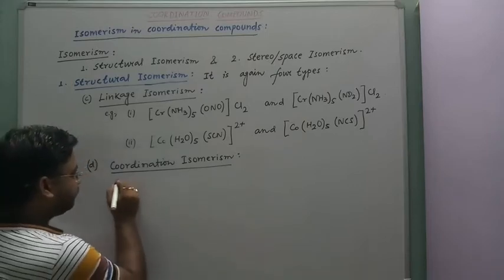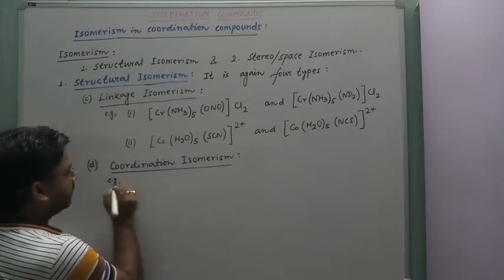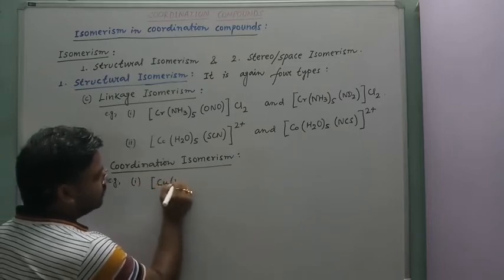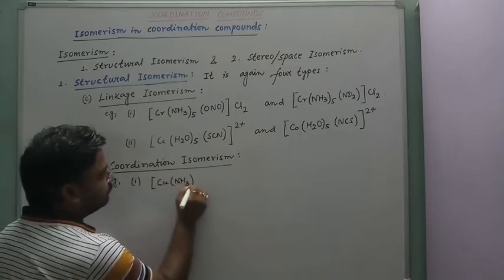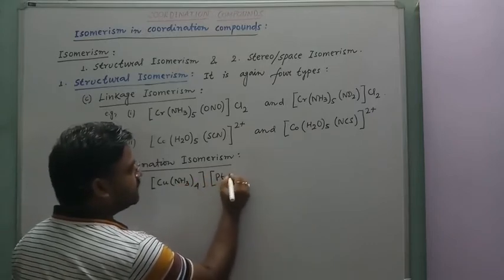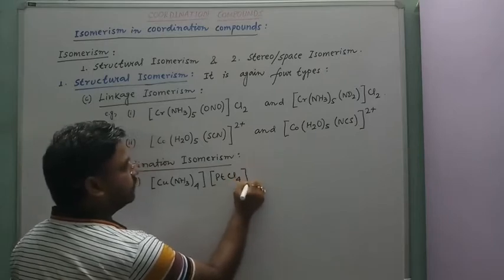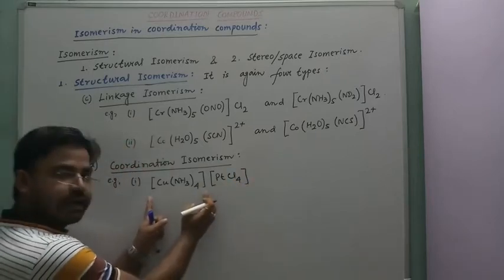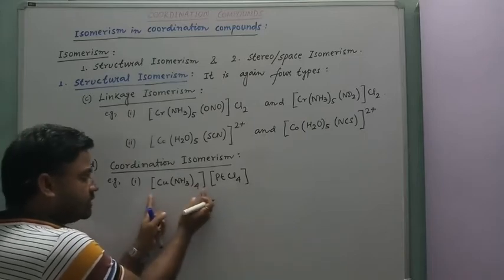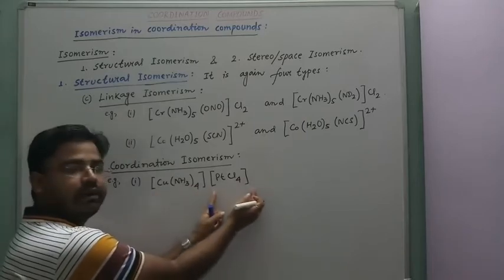For example, number 1, [Cu(NH3)4][PtCl4]. The first part is cation, second part is anion. So this compound contains both cationic and anionic part.